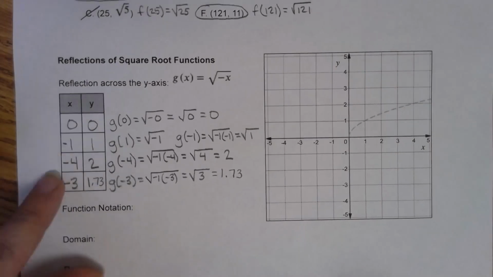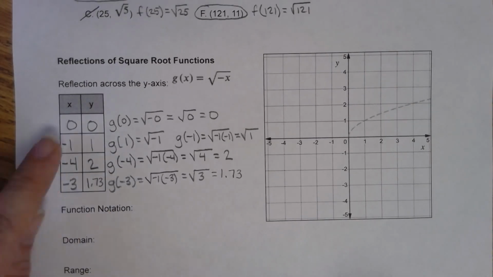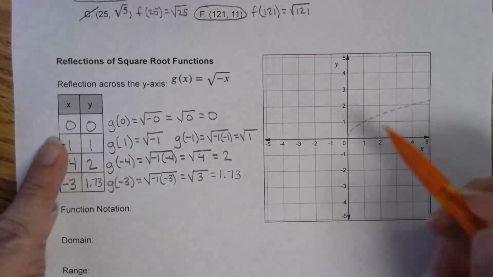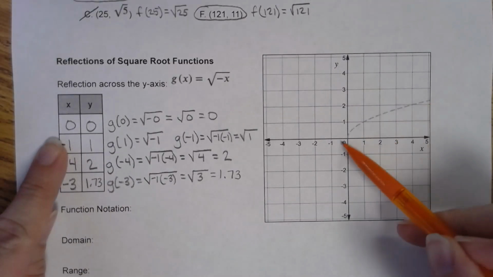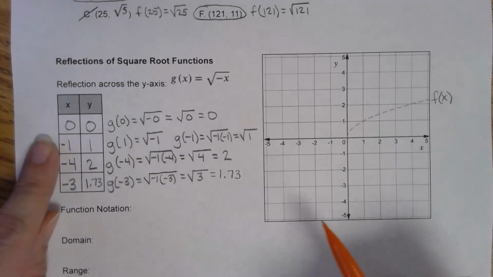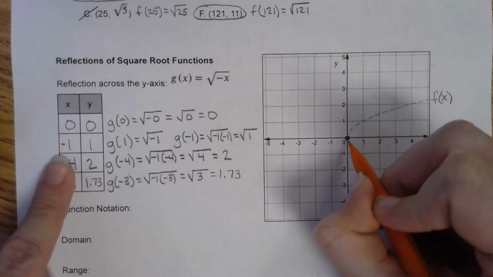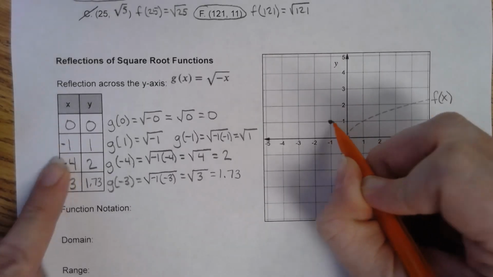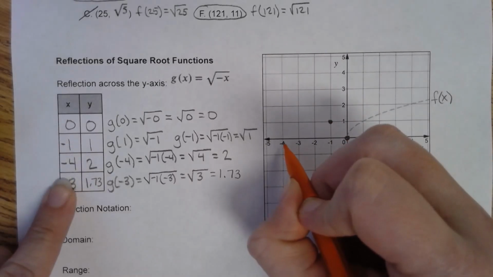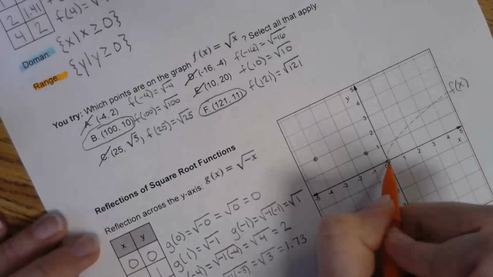So we'll plot these points and then just check that -3, 1.73. So 0, 0. And first of all, on our graph, we already have the parent function. So that's our f of x function. We're going to graph now g of x. So we have 0, 0 at the origin, -1, 1, -4, 2. We're going to connect those with a smooth curved line.